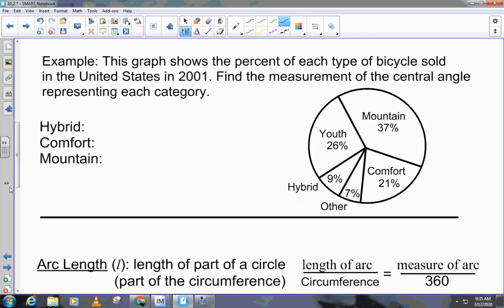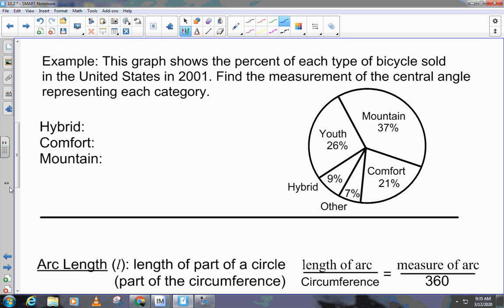Now, when you talk about this, if you had to create your own circle graph, this is what you would have to do, okay? This graph shows the percent of each type of bicycle sold in the United States in 2001. Find the measurement of the central angle representing each category. Okay, so in 2001, this is kind of old data, but 37% of the bikes were mountain bikes.